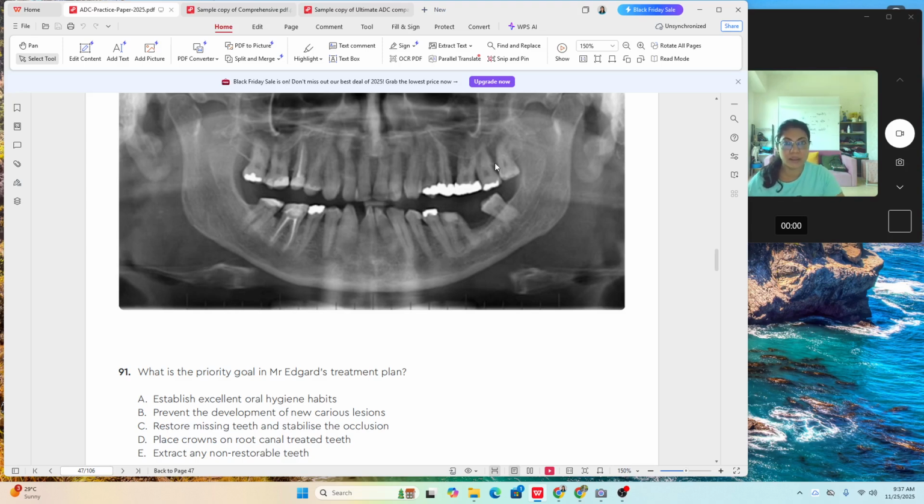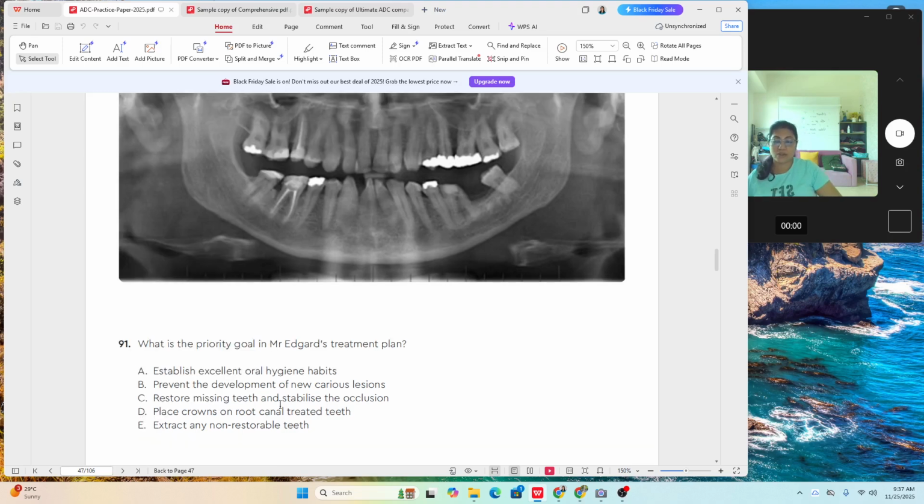Priority goal, okay, that adjective priority is very important here, because the first thing that will heal the bone faster, that should be your treatment. Nothing else, like scaling, polishing, fillings, etc. won't cause much bone problem, but any extraction would cause, and he's due to receive his first dose of bisphosphonates. So what is the priority goal?